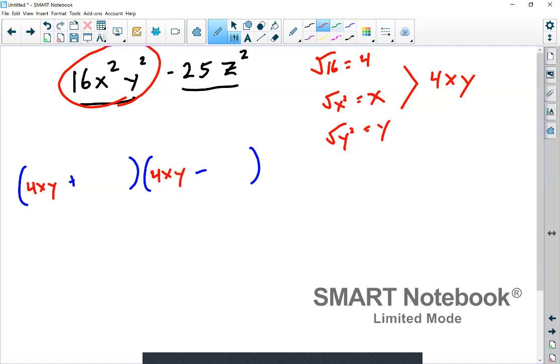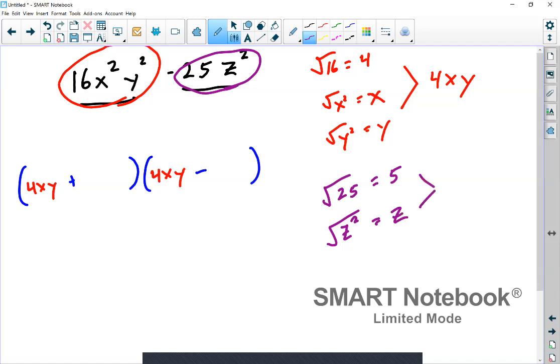Now let's take a look at the second term, 25z squared. What's the square root of 25? That's just 5. And like I said, if you want to take the square root of a variable with an even exponent, it's super easy. Divide the even exponent by 2, and 2 divided by 2 is 1.